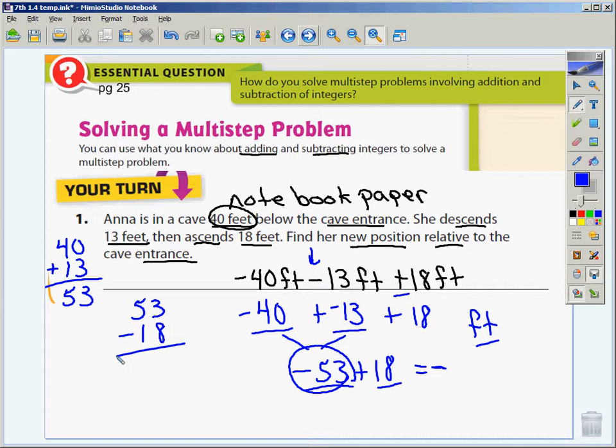I can't take the 8 away from the 3, so I borrow from the 5. 13 minus 8 is 5. 4 minus 1 is 3. So you can see I ended up at a negative 35. In terms of this problem, that means I'm 35 feet below the entrance.